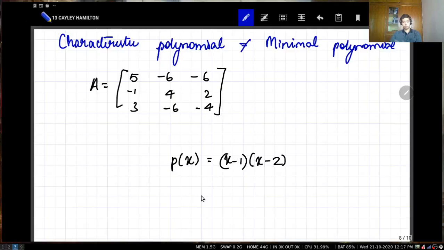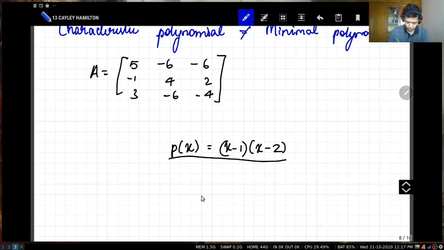So once you've computed the characteristic polynomial, I want you to verify that this polynomial P of x, which is equal to x minus 1 times x minus 2, is an annihilating polynomial of A. In fact, it turns out to be the minimal polynomial for A. So P of A, which is A minus I times A minus 2I.